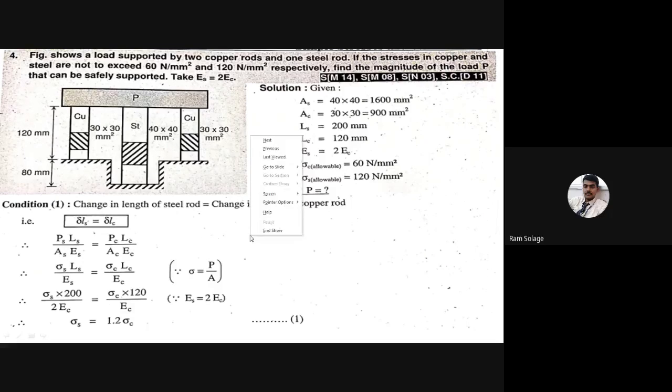In another way, in the book they are giving P upon A, correct? That is PS upon AS and PC upon AC. Instead of that, they are putting sigma, that is P upon A, stress is equal to force upon area.